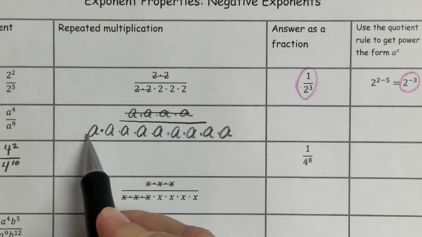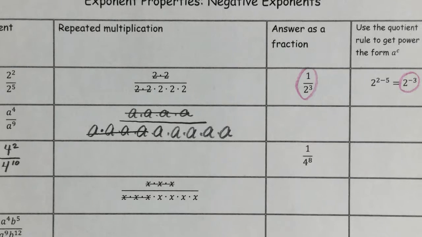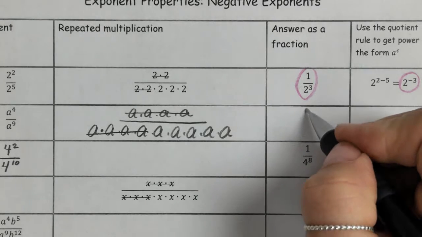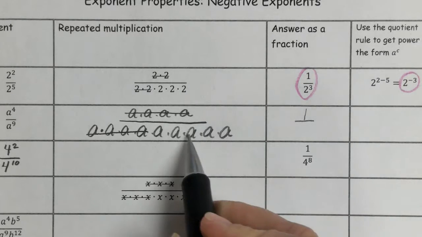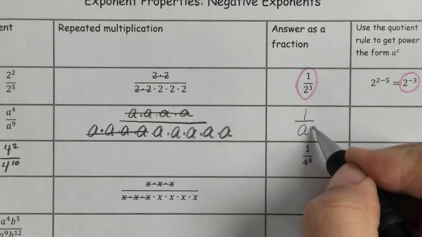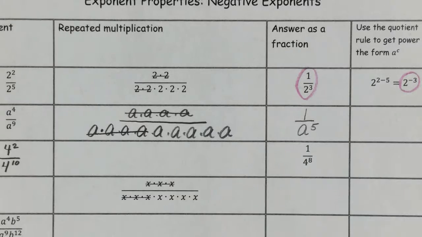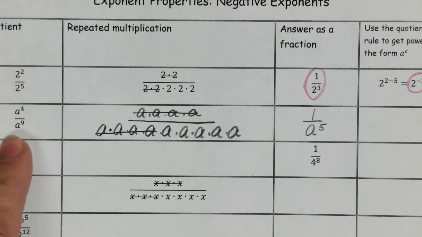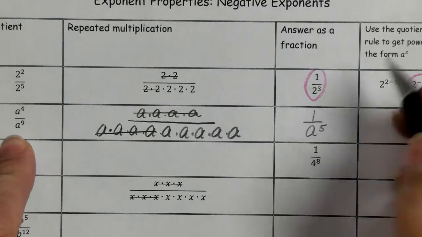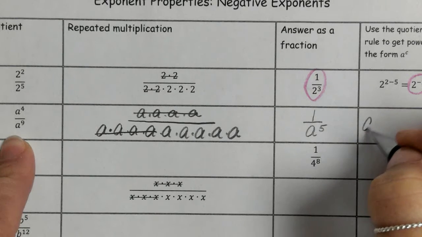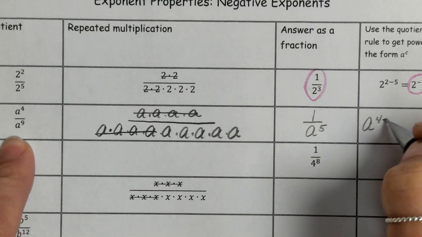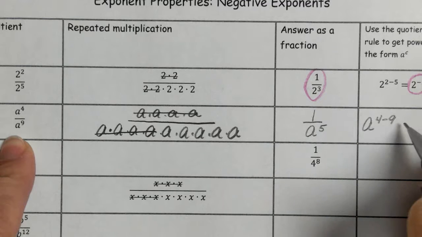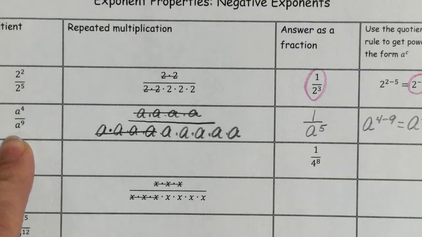So I can cancel 4 on the top and 4 on the bottom. That's going to leave me with 1 over 1, 2, 3, 4, 5, a to the 5th power. Now, if I went strictly by the quotient rule, which again says if I am dividing the same base, I subtract the exponents. So that would be a to the 4 minus 9 power, or a to the negative 5th power.